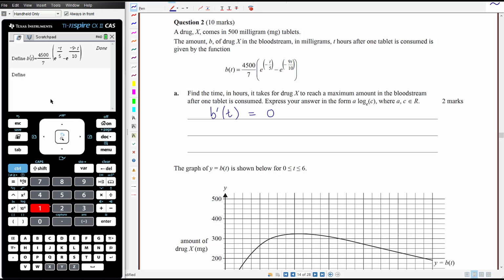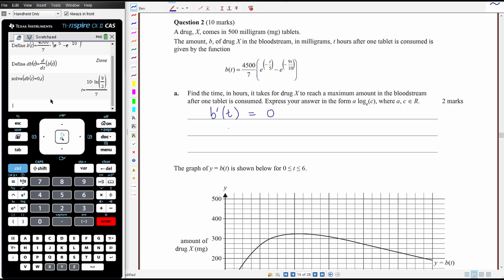Menu 1, let's define the derivative of b in terms of t, and it's shift minus, derivative with respect to t of b of t. Okay, so we want to solve our derivative of b equal to 0 for t.